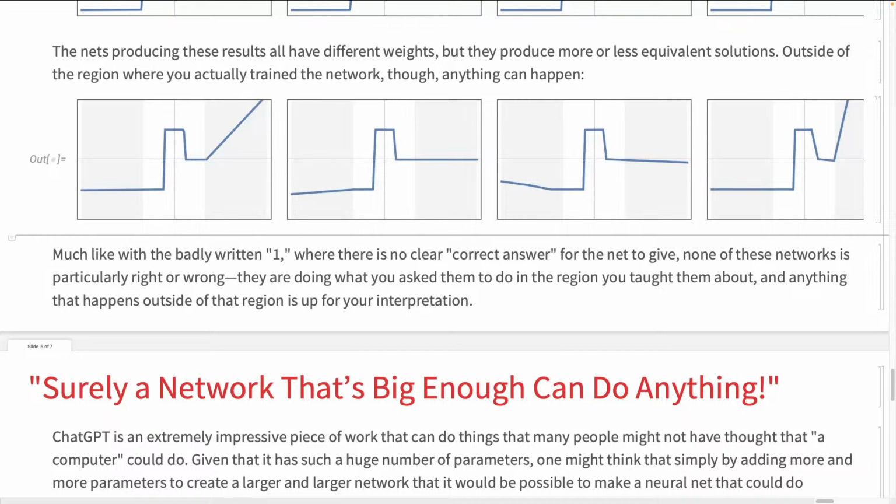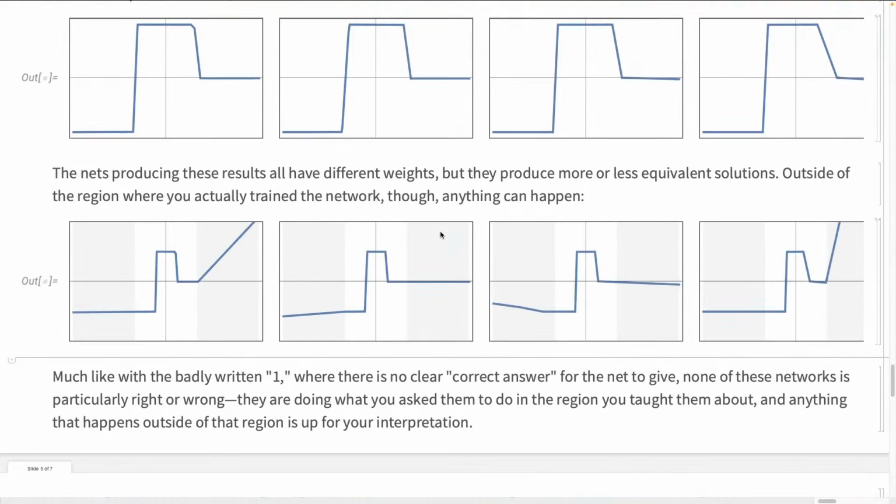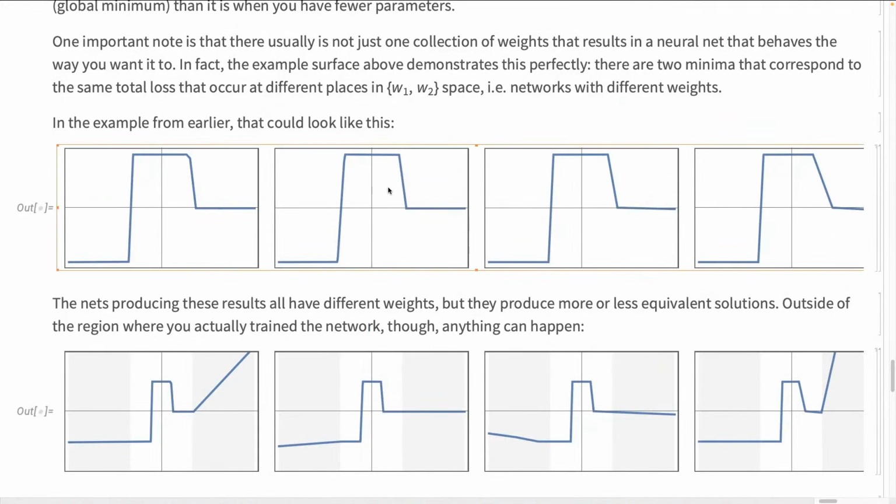So let me just indicate these things point by point really quickly. You don't have to specify the important features for a network to learn. For example, when the network above was trained to learn this shape, we never said, hey, by the way, network, remember, it's really important that it's a step function, and that it only has 2 full steps, which results in 3 plateaus.